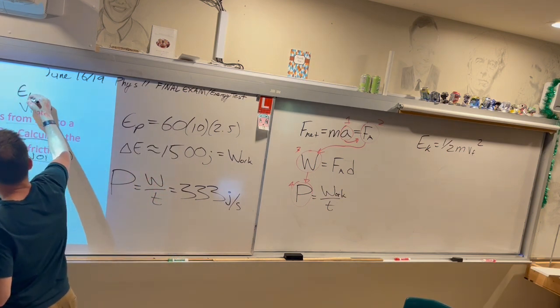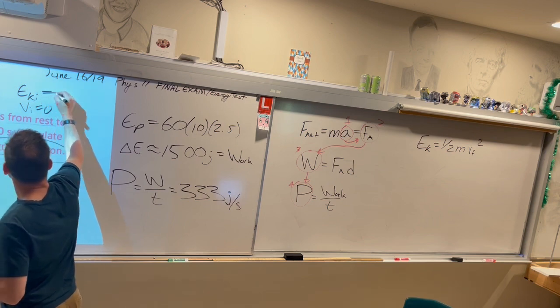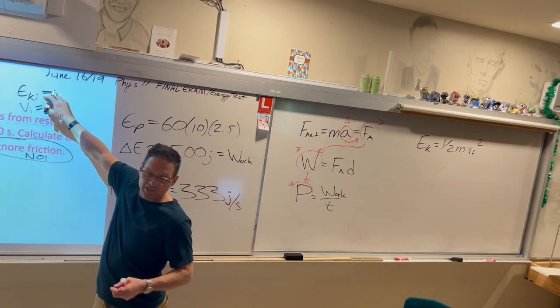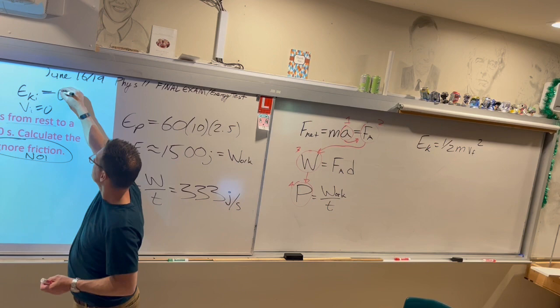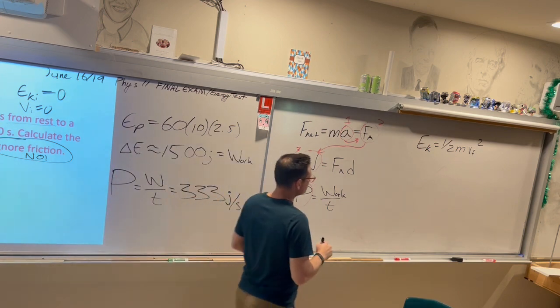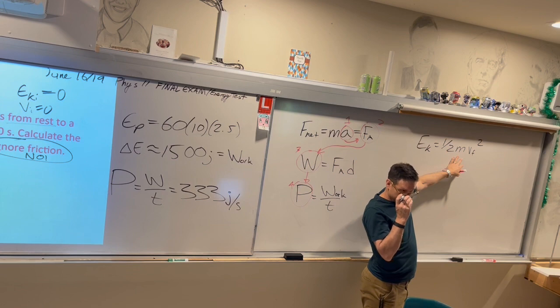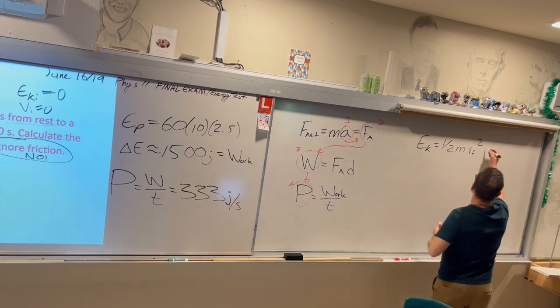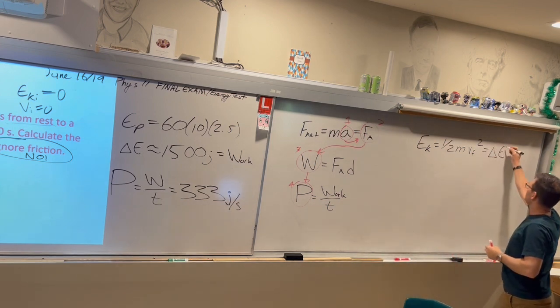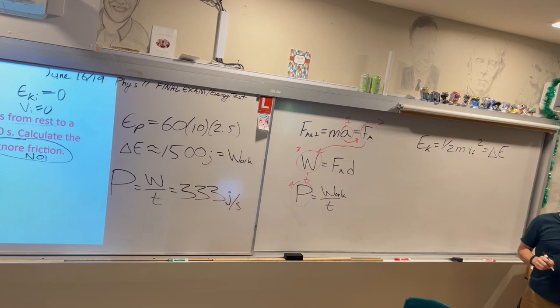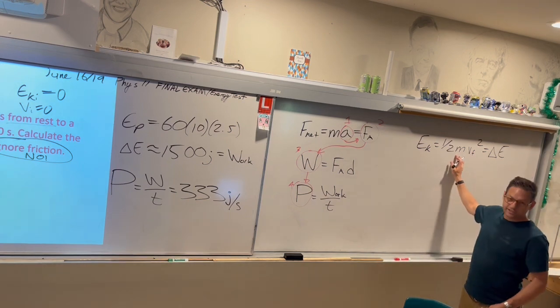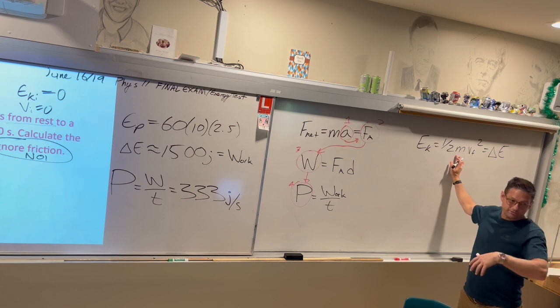So your initial kinetic energy is 0. And if you take the final kinetic energy, that's equal to the change in energy, delta E, because you started with 0 energy and go up to this final kinetic energy.